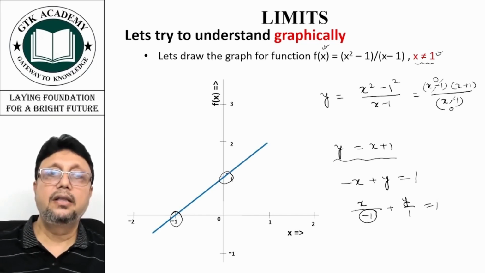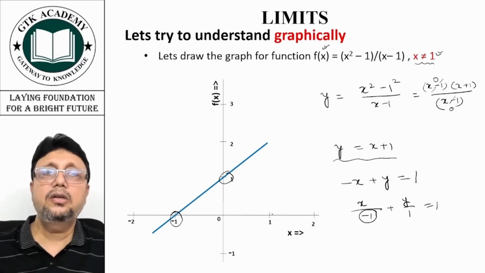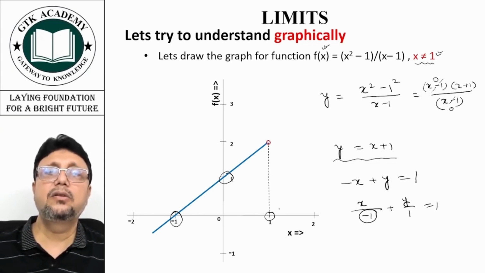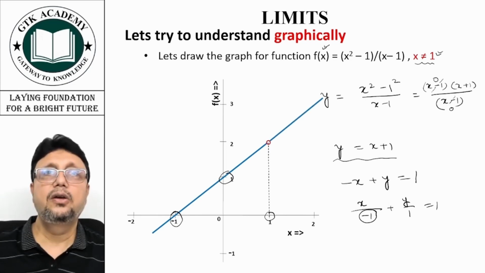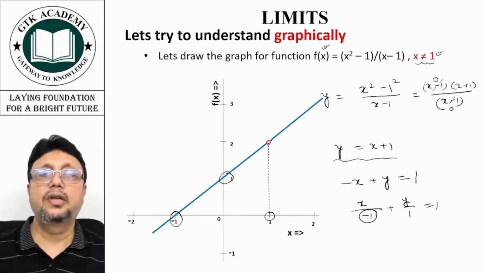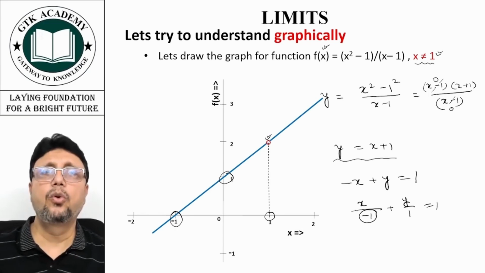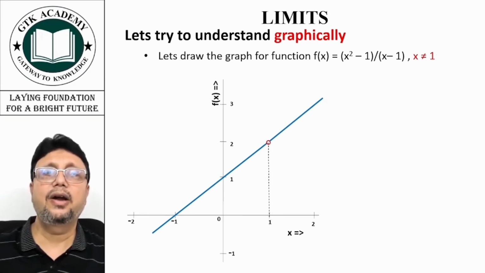But this will be undefined at 1. At x is equal to 1, you will have a gap like this, and then this line will proceed after that. Only at x is equal to 1, you will have a gap, because the function is undefined.